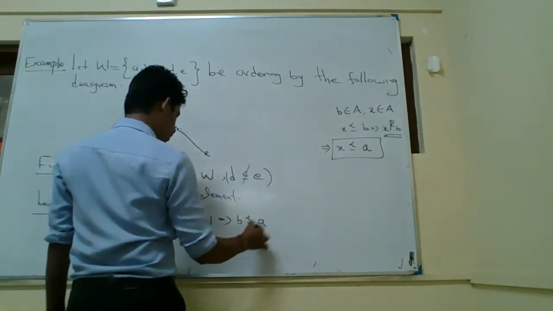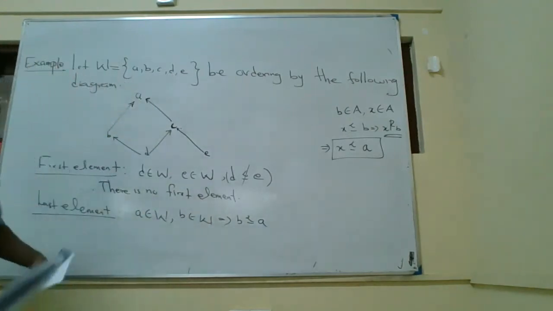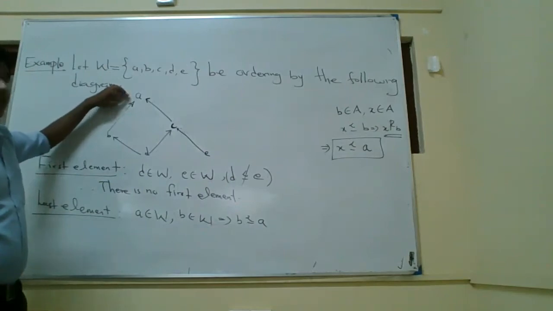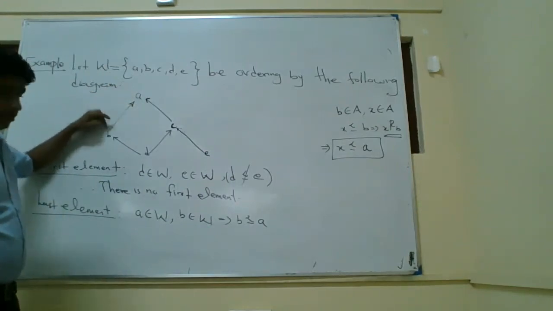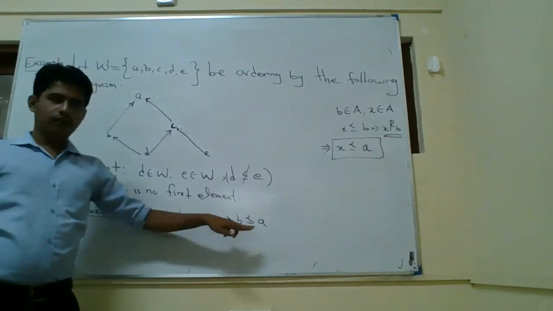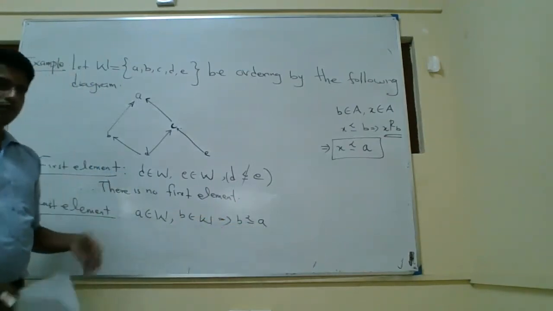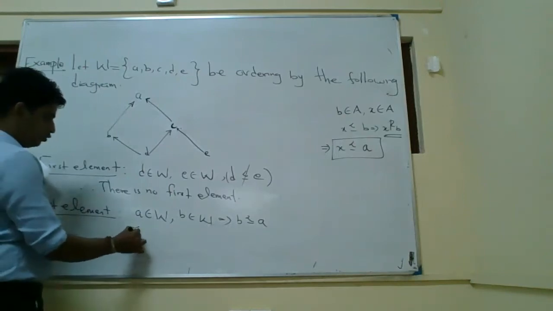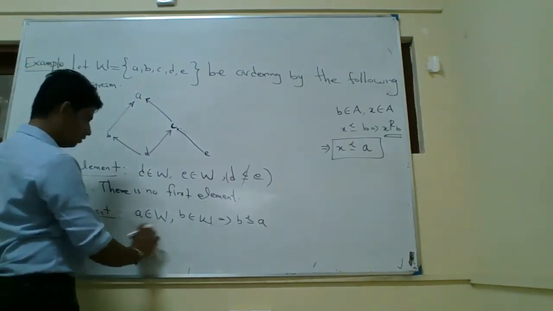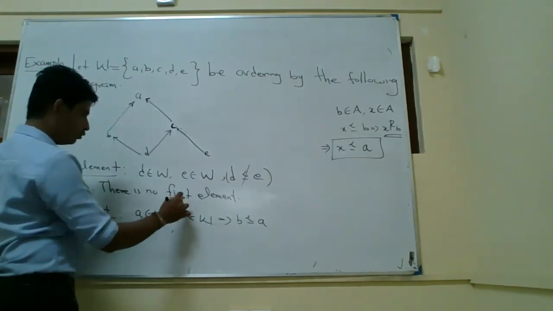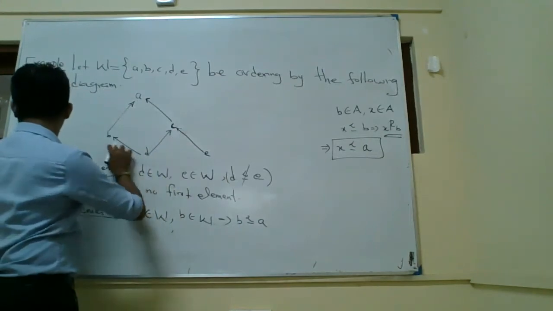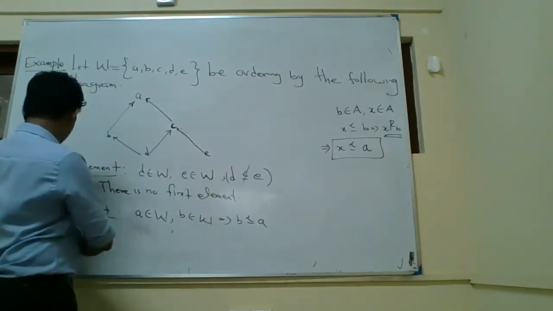B related to A, but A is not related to B. Okay, it's possible. What else? Every time you use your last element, you want to check these four elements. If these four elements are satisfied, then you can say that this is your last element.